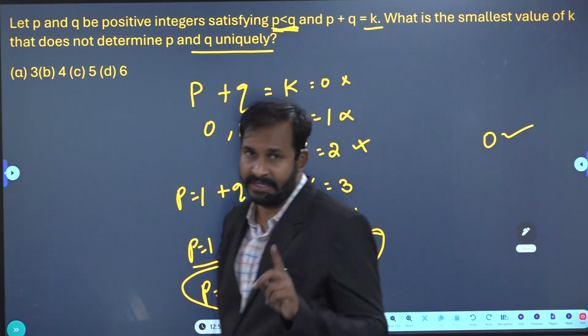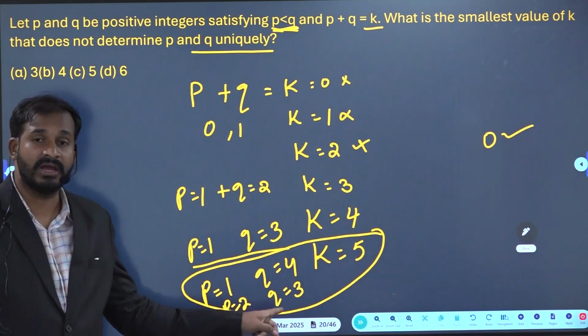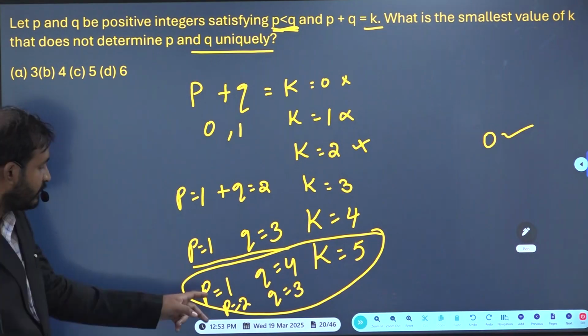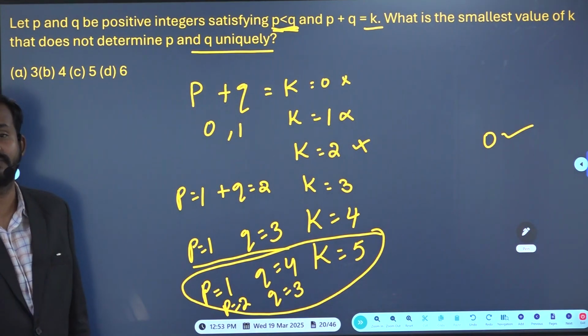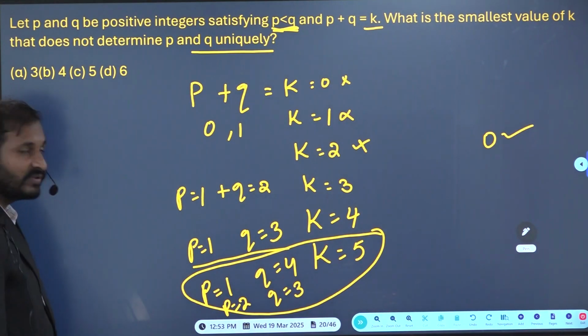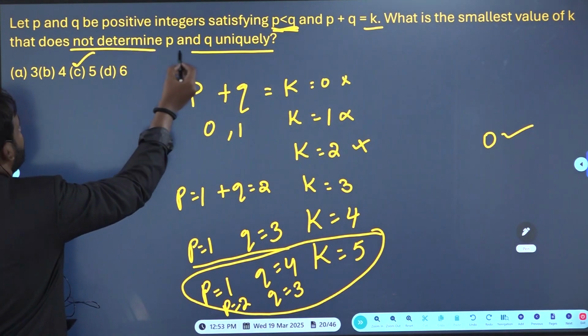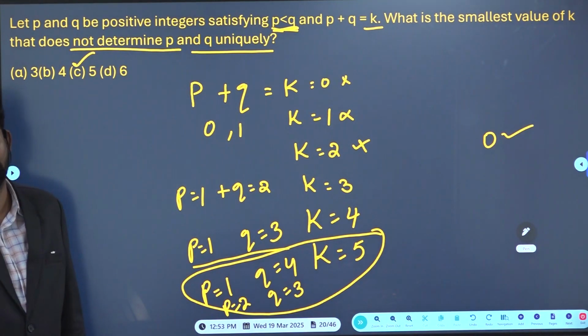Unique means only one pair will satisfy. Here, I don't have a unique solution, because I have multiple solutions for P and Q. Because of that reason, our answer here becomes 5, since that does not determine P and Q uniquely.